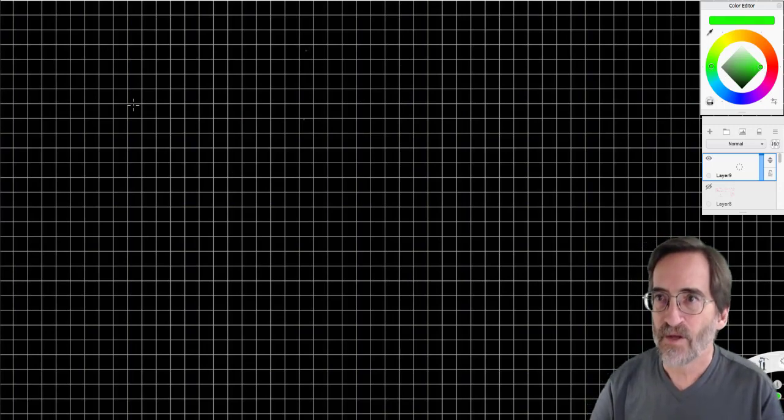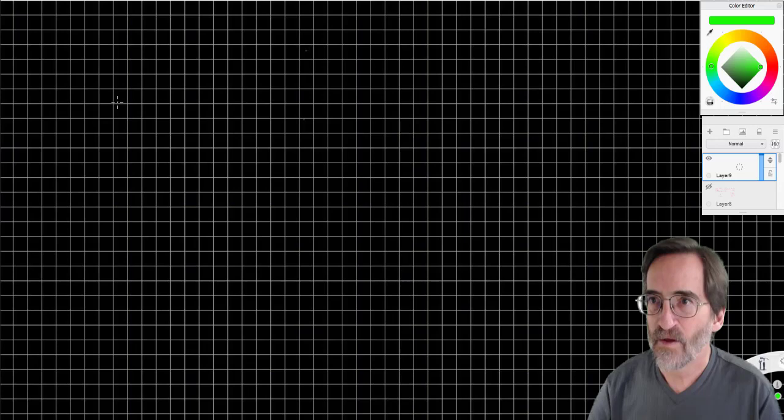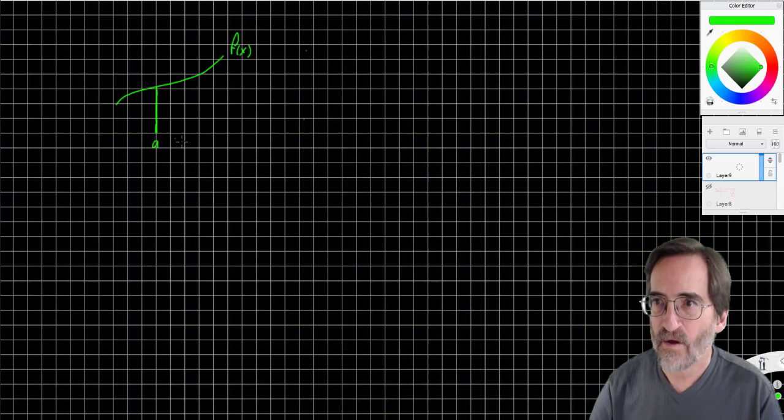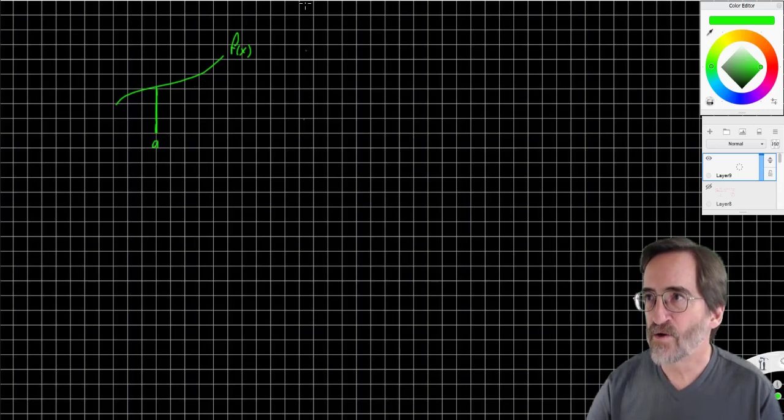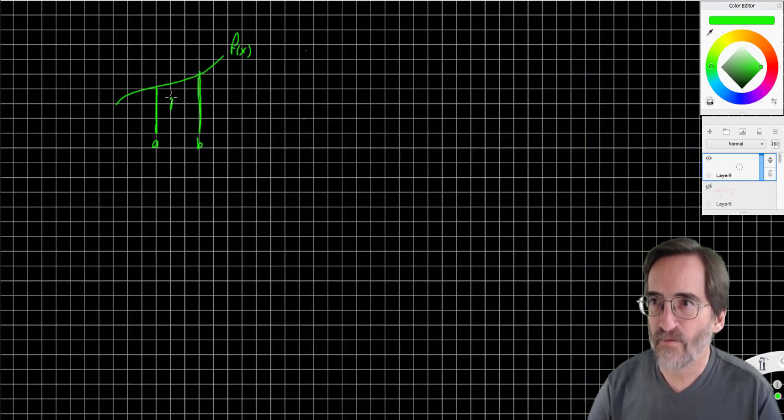So for example, if I have some function called f of x, and I start with some value a, and I go to the right from A to B, and that has an area M, then we notate that by the integral from A to B of f of x dx.